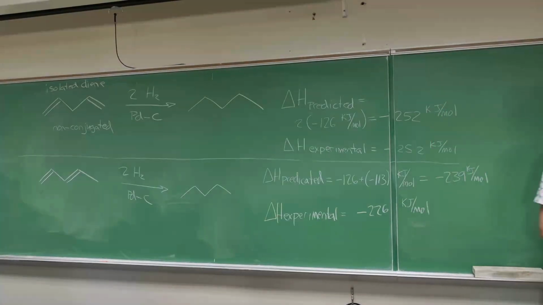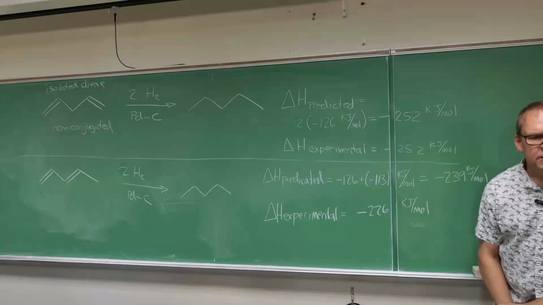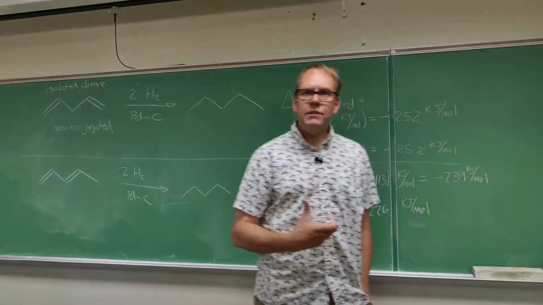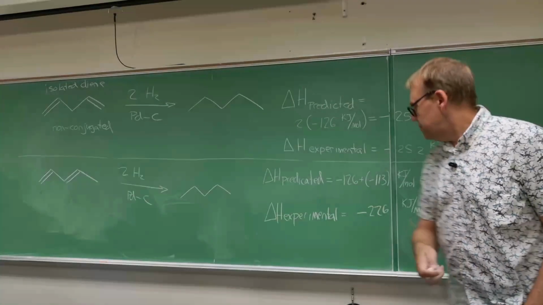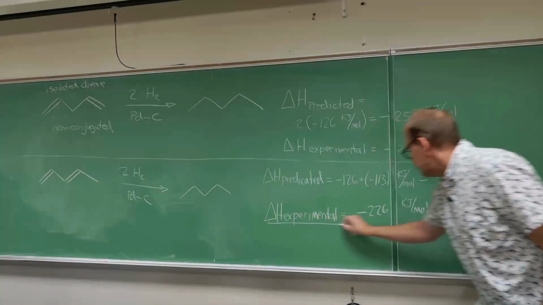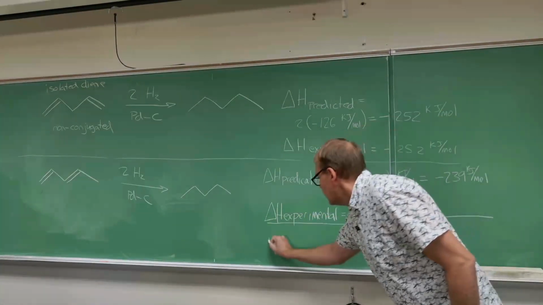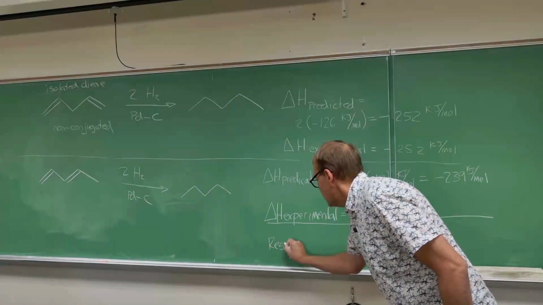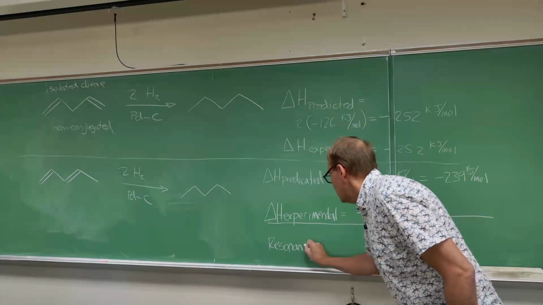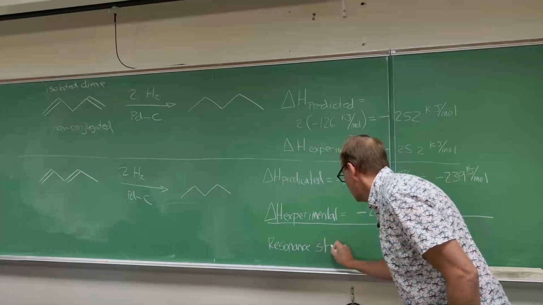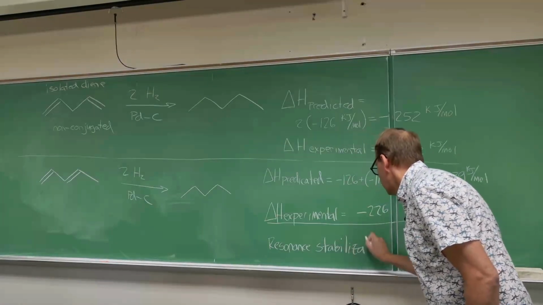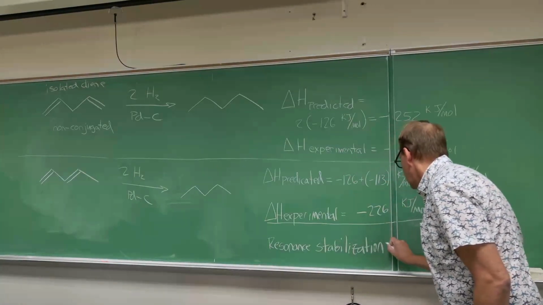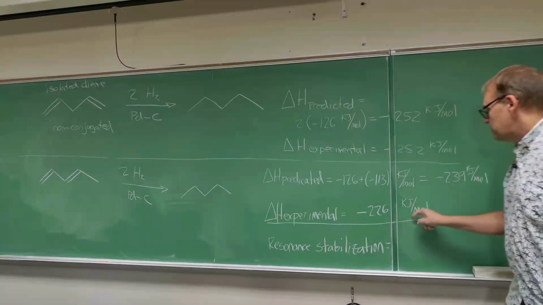So there's some energy missing here, some missing energy. And that's what is called resonance stabilization energy. So here's the difference. The resonance stabilization in this example is the difference between these two.